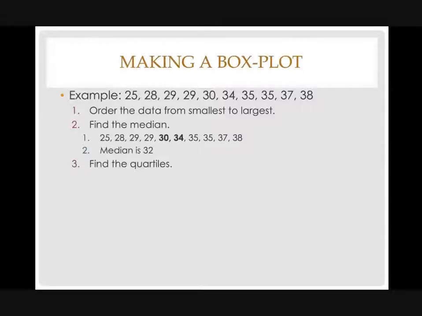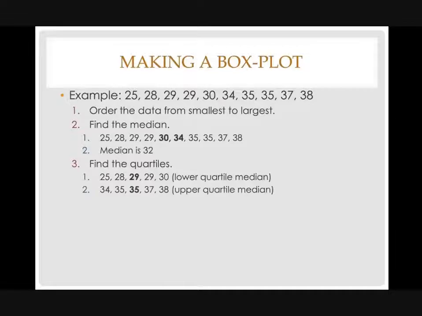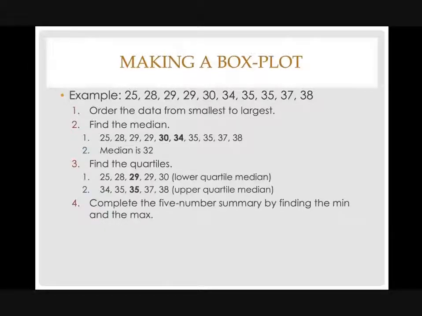And then we have to find the quartiles. To find the quartiles, you take the median of the lower half and the median of the upper half. For the lower half, the median is 29. For the upper half, the median is 35. Then you complete the 5-number summary by finding the min and max.